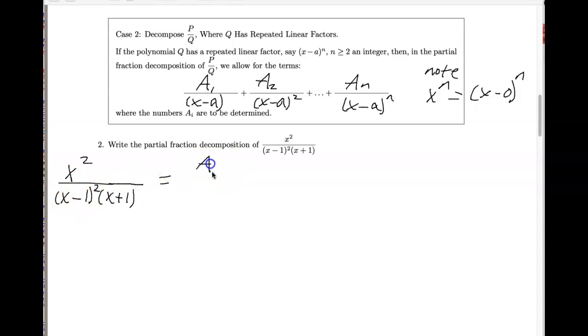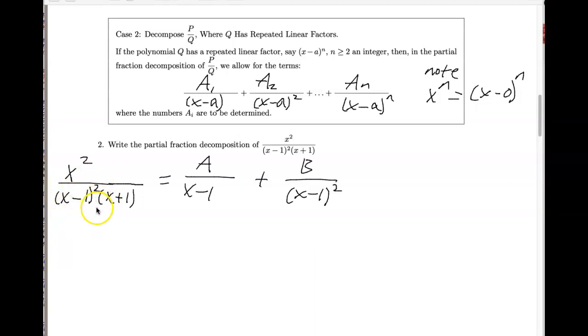This means I'm going to have A over x minus 1 plus B over (x minus 1) squared. So this is the partial fraction decomposition set up for the factor (x minus 1) squared.